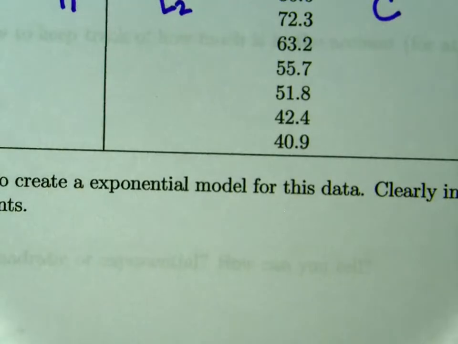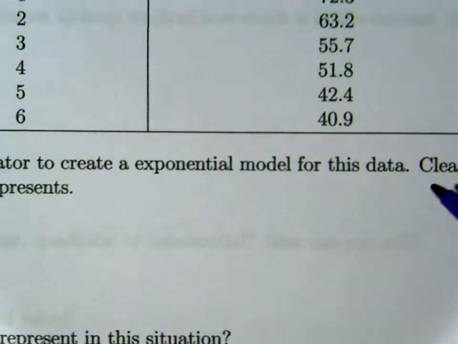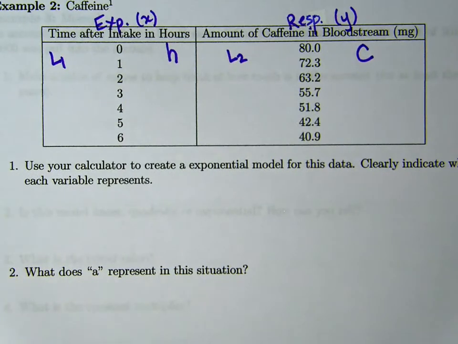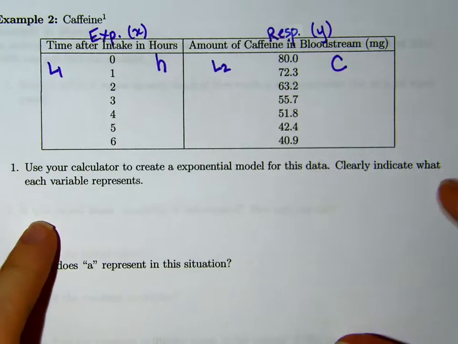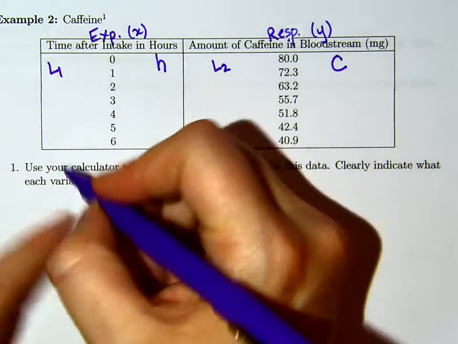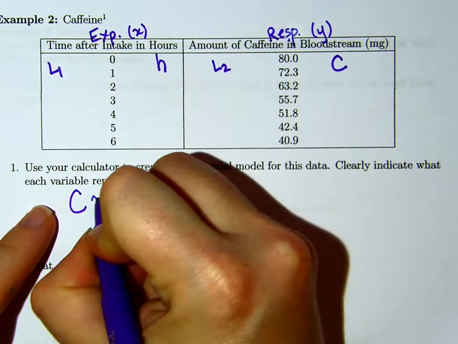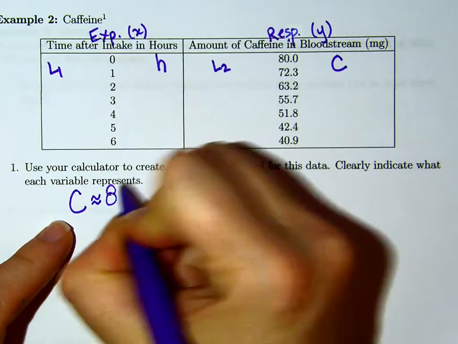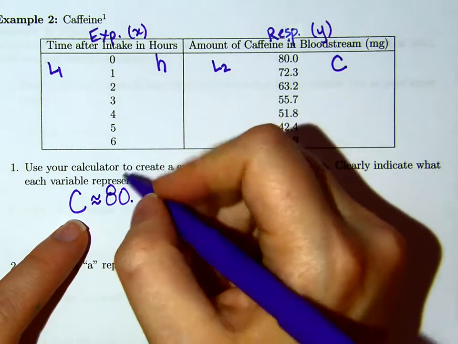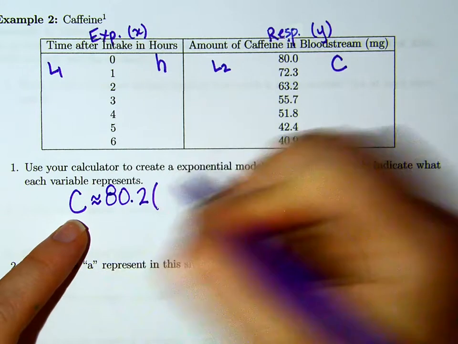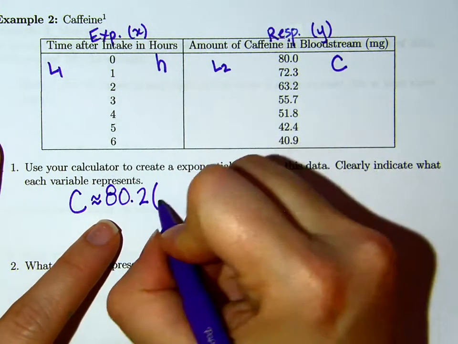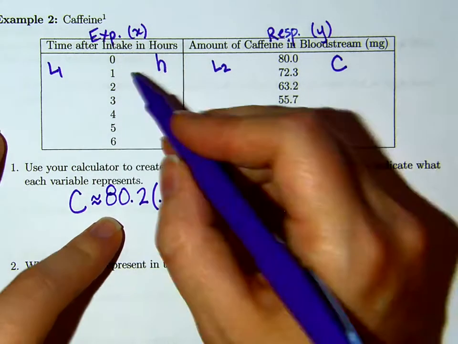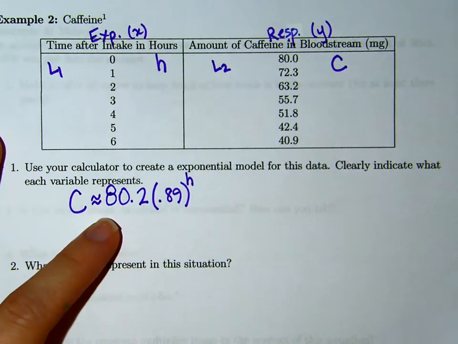Okay, here we go. So, got it. Use your calculator. Clearly indicate what the variables represent. Yes. So, caffeine is approximately 80.2 with a constant multiplier of 0.89 raised to the number of hours that pass.